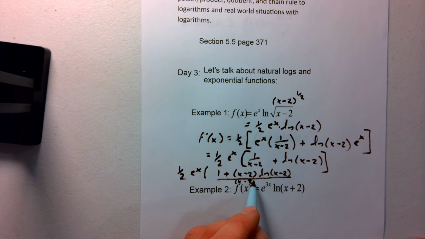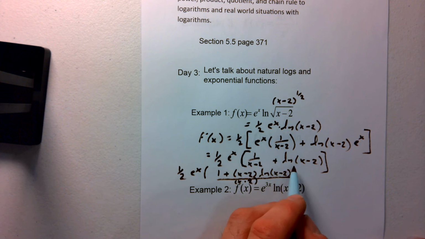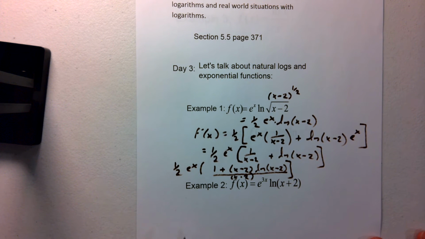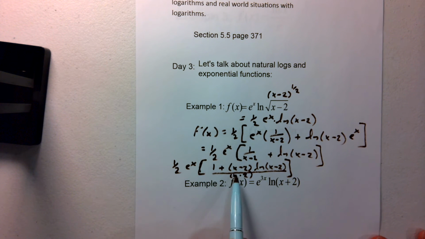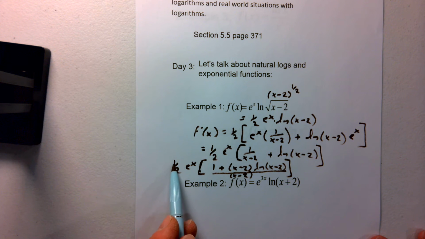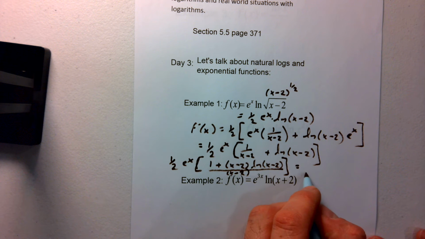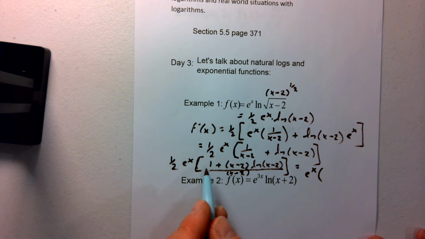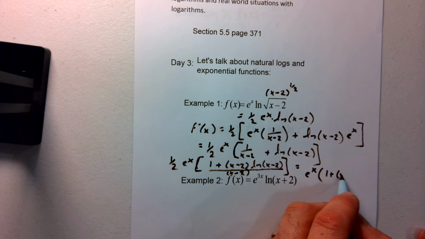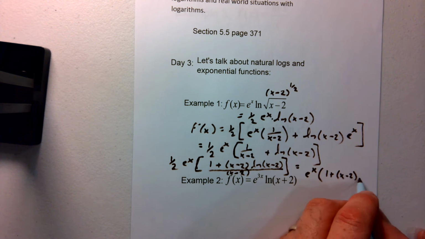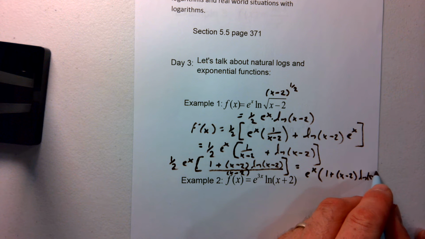over x minus 2. Getting a little cramped in there. So that would be a common denominator. And then what we could do with that would be bring this 1/2, since we have a denominator of 2 there, and bring that with the x minus 2. So we could see this as e to the x times that 1 plus x minus 2, natural log of x minus 2.